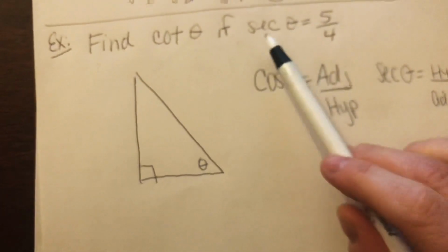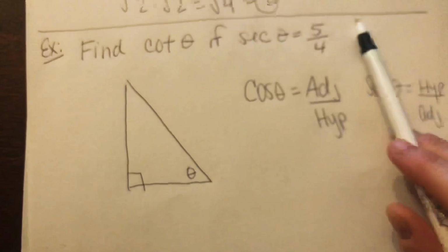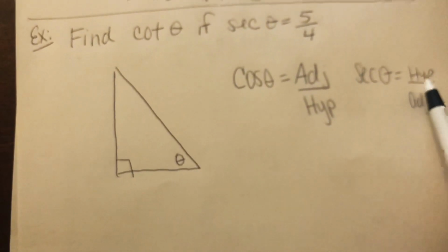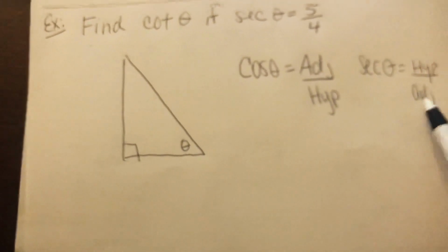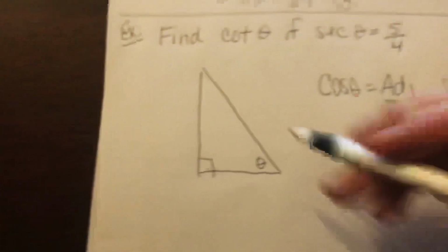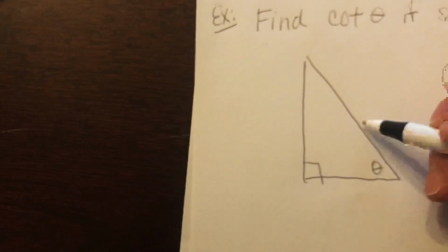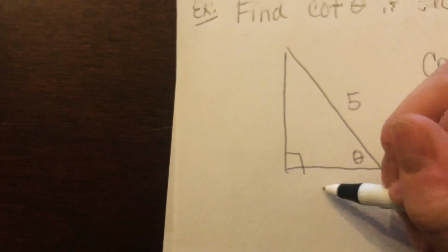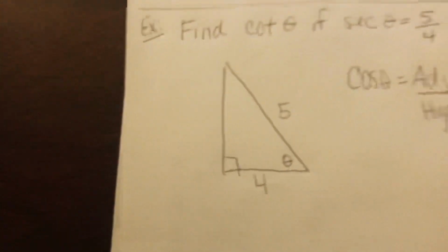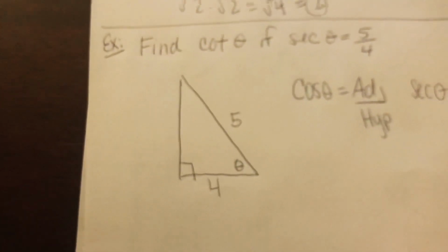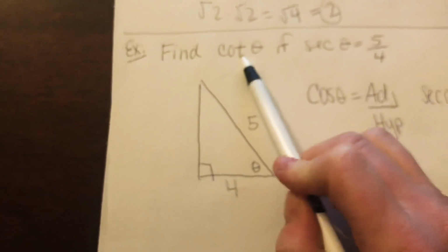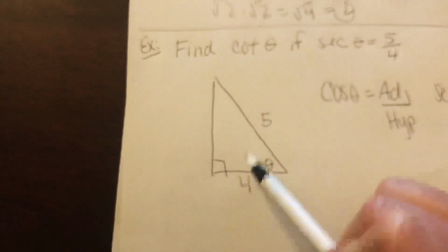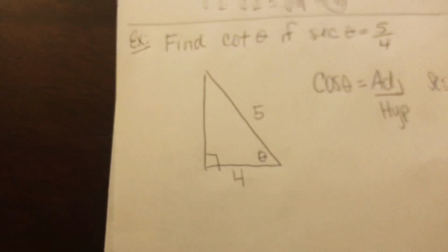So if my secant is 5/4, that means my hypotenuse is 5 and my adjacent is 4. So my hypotenuse is this one, 5. My adjacent is this one, 4. Now I have a triangle, and now you can find the cotangent. What is cotangent going to be?